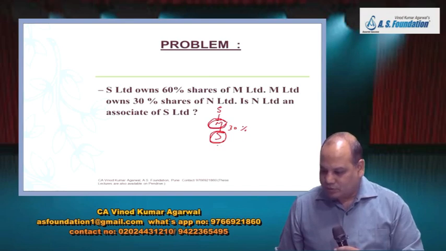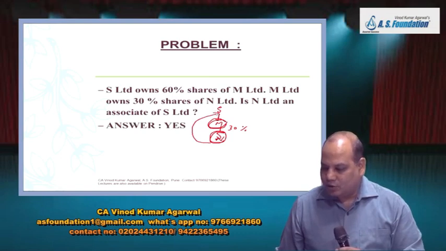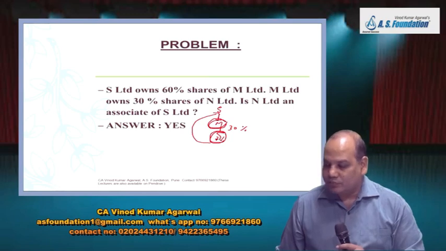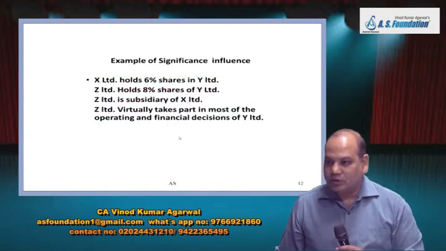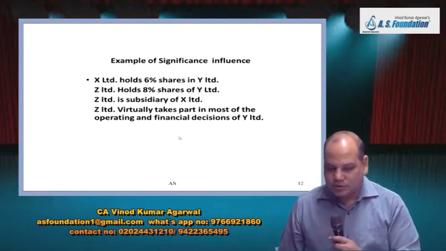Will this make this L Limited an associate of S Limited? Same answer. If a company directly or indirectly through its subsidiary holds more than 20% share, it is assumed that there is a significant influence unless proved otherwise.